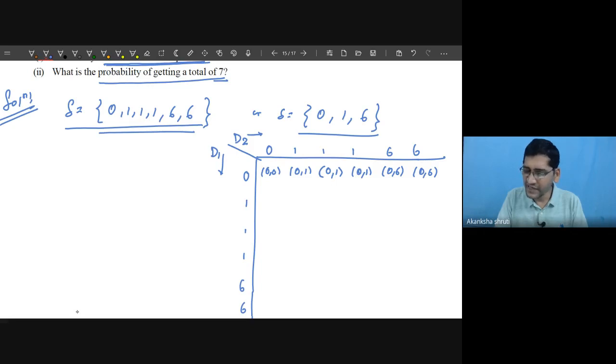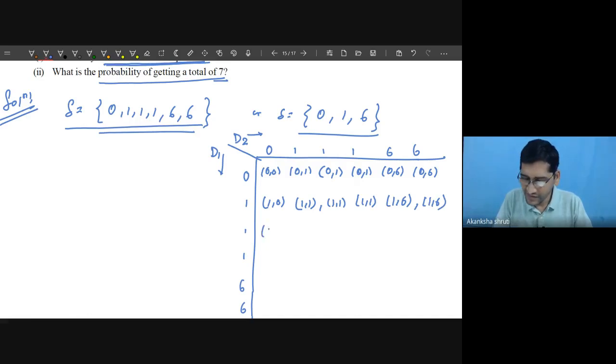Yes, student, shall we write this way? I mean, considering all these 0 1, 0 1 three times, or what shall we write? That is my question. That is the same as for writing the single one. Then we shall think for the double one. For 1 0, then 1 1, 1 1, 1 1, 1 6, 1 6.